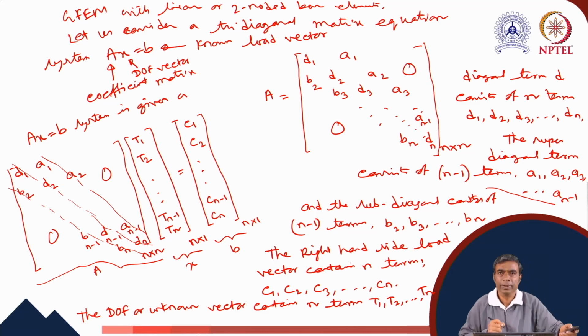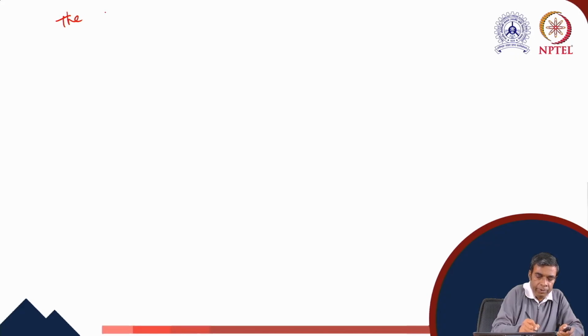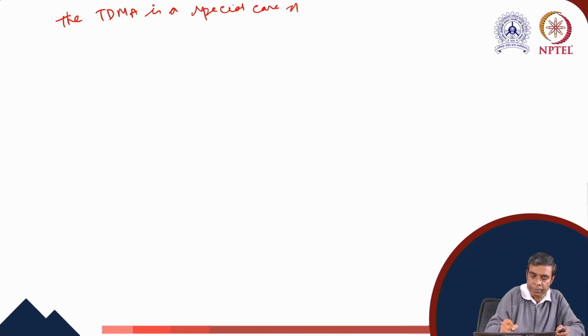Now, this Thomas algorithm is a special case of Gauss elimination method. The TDMA is a special case of Gauss elimination.